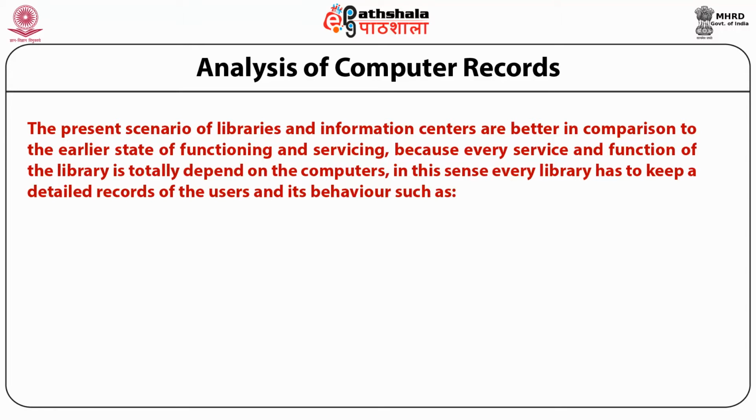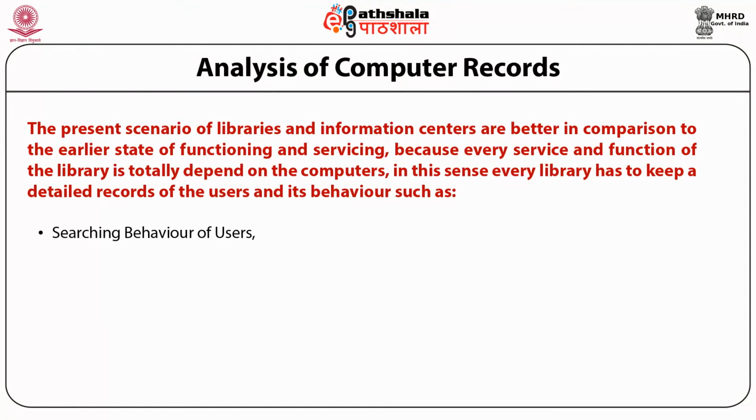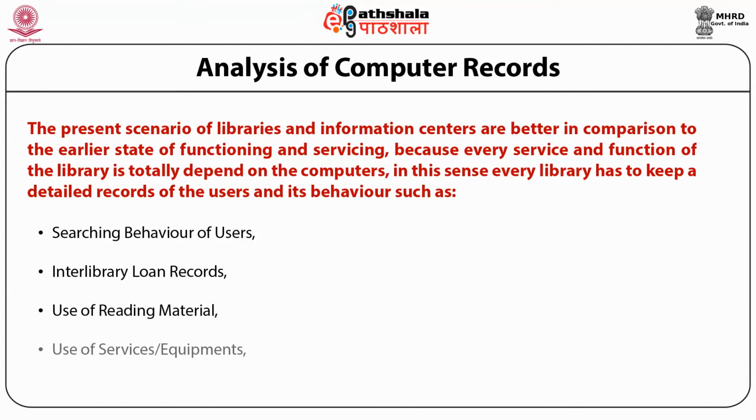In this sense, every library has to keep a detailed record of users and their behavior, such as personal details of the users, academic status of the users, subject interest, circulation record, reference queries, searching behavior of users, interlibrary loan records, use of reading material, use of service equipment, and acquisition behavior.